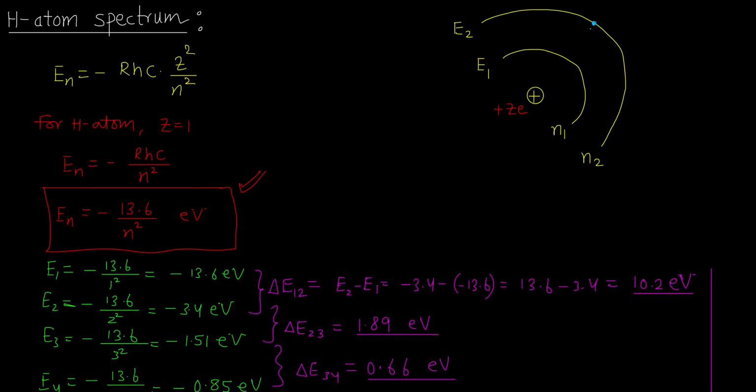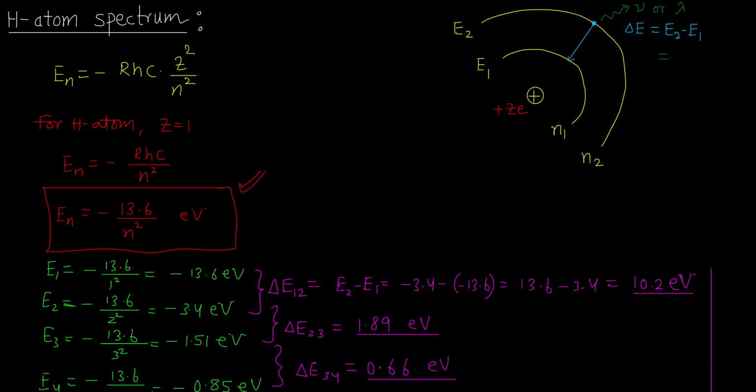Electron is coming from the n2 energy level to the n1 energy level, and when the electron comes from n2 to n1, it will emit the energy difference between these two orbits, meaning delta E, E2 minus E1, and this energy difference will be released in the form of a photon or quanta. And how much energy will it be if the emitted photon has a frequency nu or wavelength lambda?